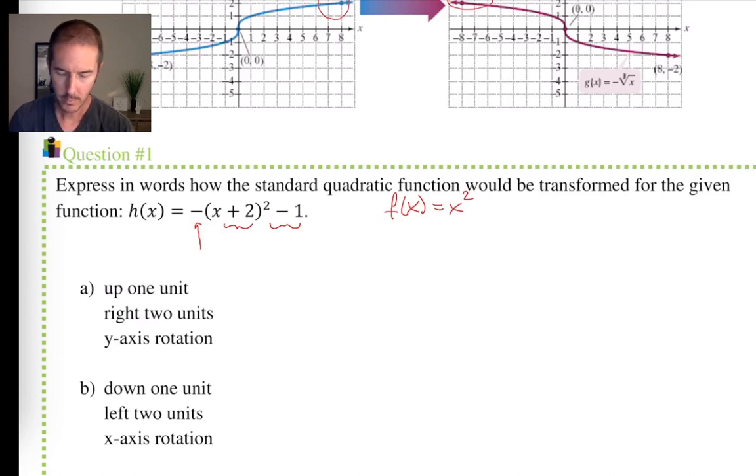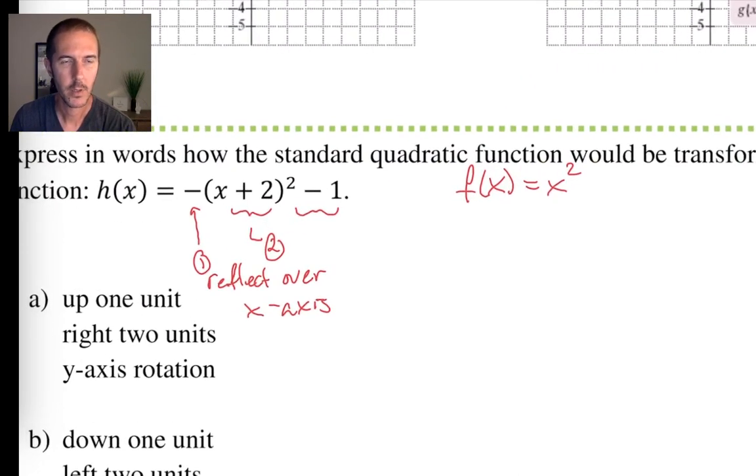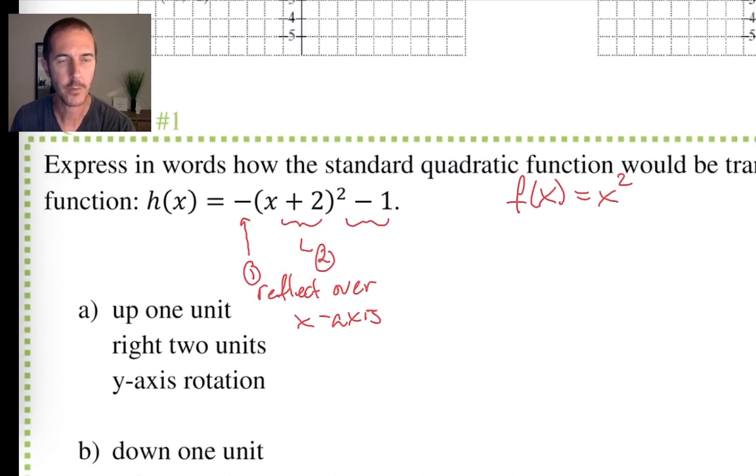For one, and I would tend to do it in this order, this negative sign is going to flip our graph or reflect it about the x-axis. Secondly, the addition of a 2 inside our function is going to cause a horizontal shift in which direction? To the left or to the right?